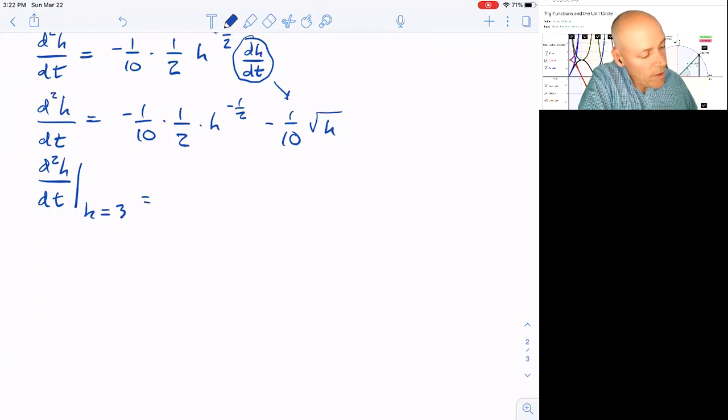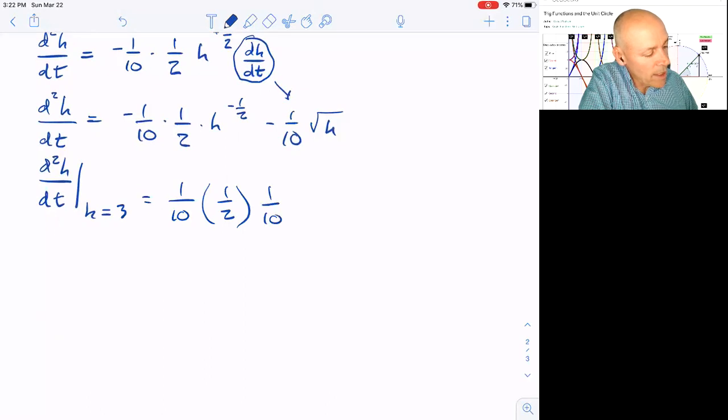So I'm going to have positive 1/10 times 1/2 times 1/10 times really square root of 3 over the square root of 3.